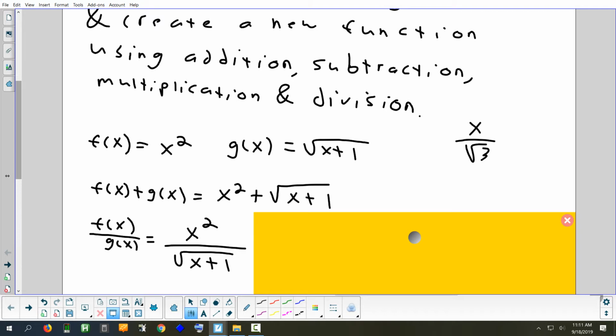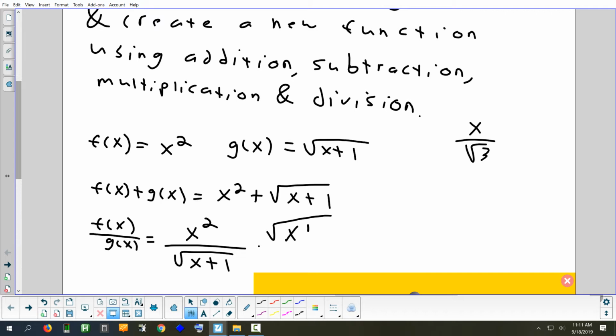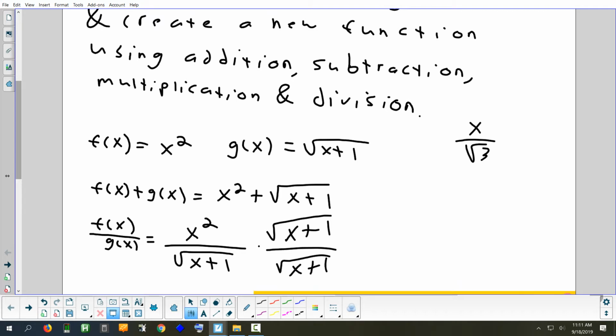So square root of 3, or in this case, square root of x plus 1. And the reason we do that is because it cancels out the square root in the bottom. All you're left with in the bottom now is x plus 1. And the top, you can't really do much with it. x squared times the square root of x plus 1.